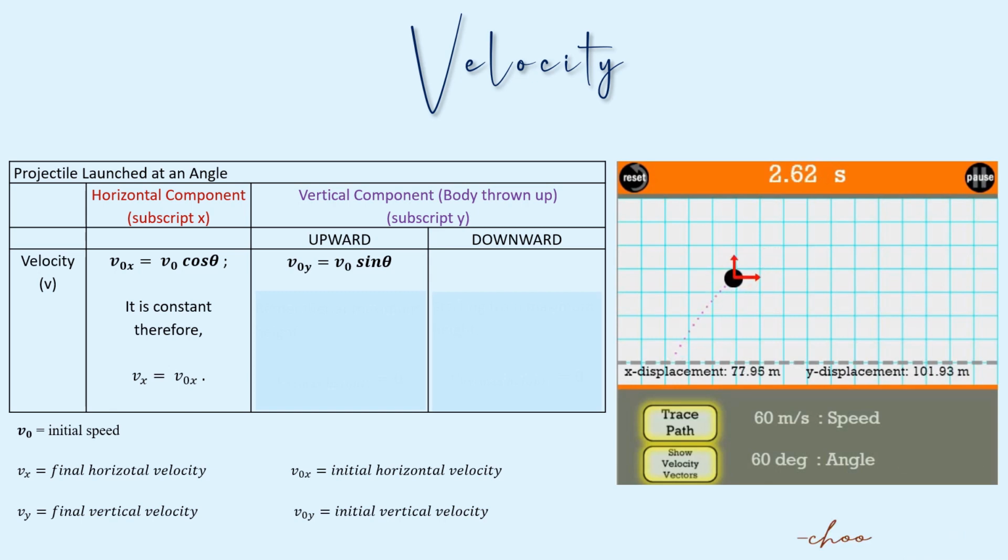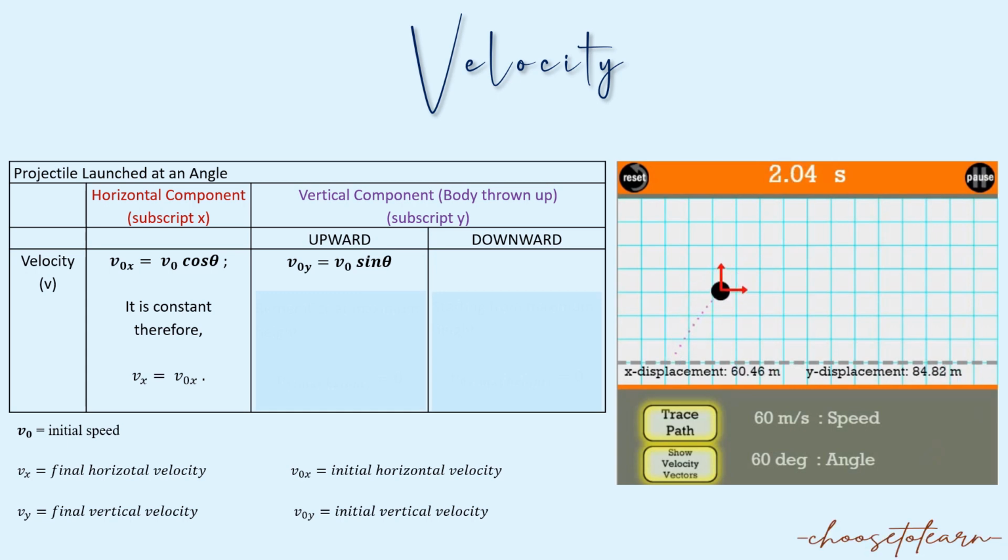So if we are going to look at the video clip, that means our initial speed is 60 meters per second. In order for us to find the initial vertical velocity, we will just multiply the initial speed, which is 60 meters per second, multiplied by sine 60 degrees. And our answer for that is approximately 52 meters per second.